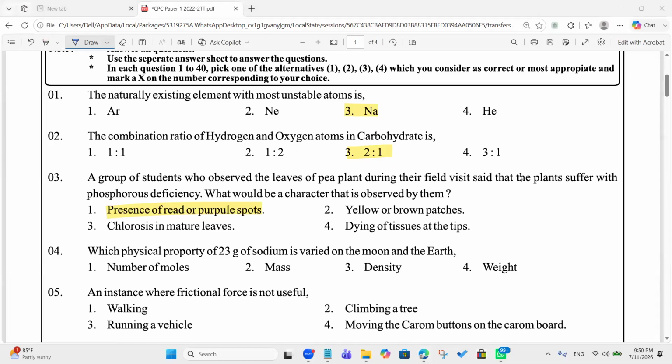Anyone can answer. What is the deficiency of showing chlorosis in mature leaves?